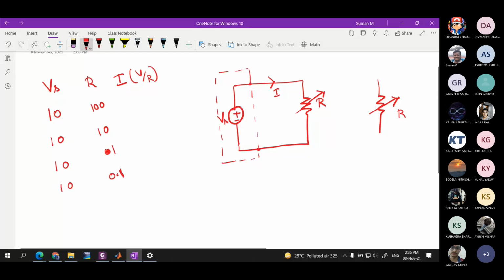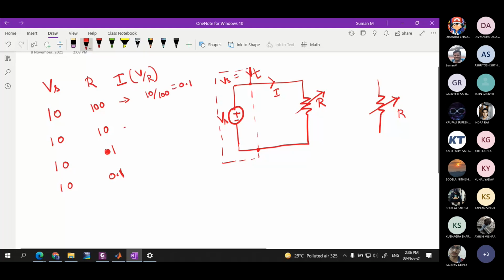Let's say this is the terminal voltage, VT. Whatever the voltage across this is will be the terminal voltage for this condition. Now we will calculate the current. For the first case the current is 10 divided by 100, so you will get 0.1.